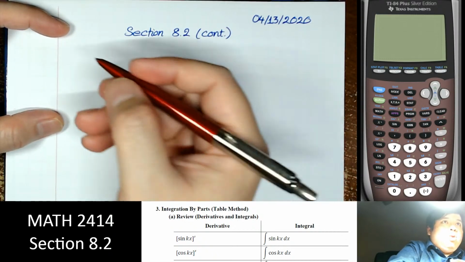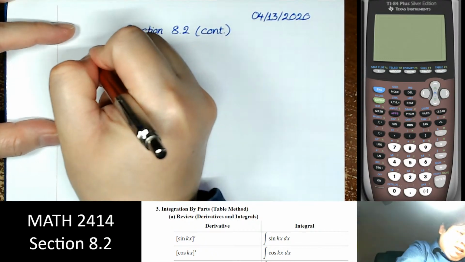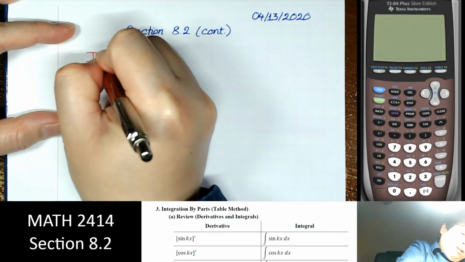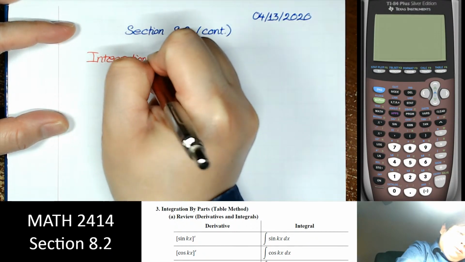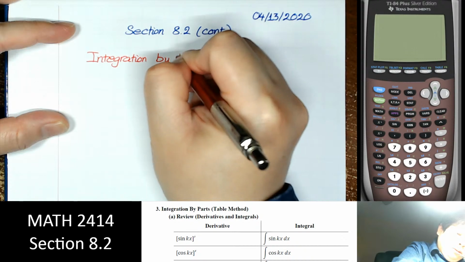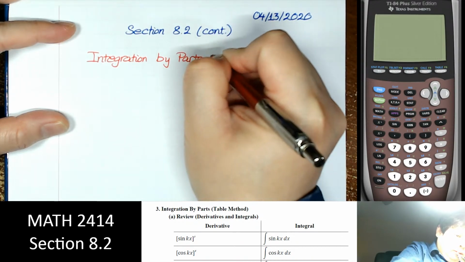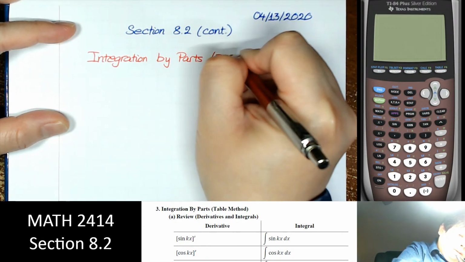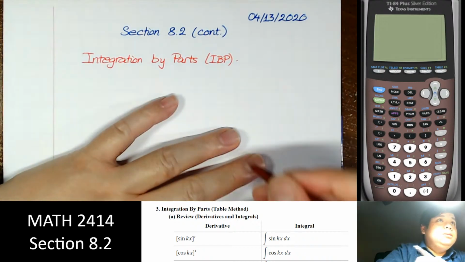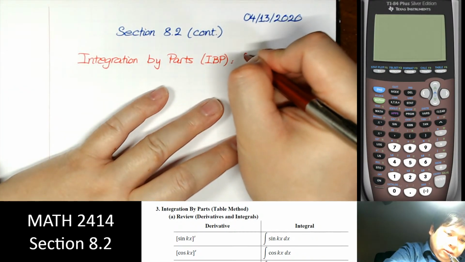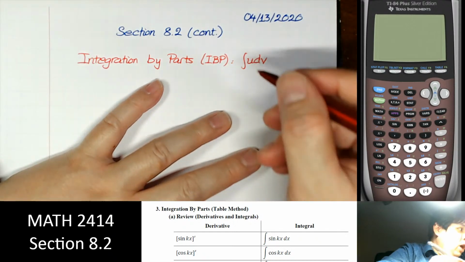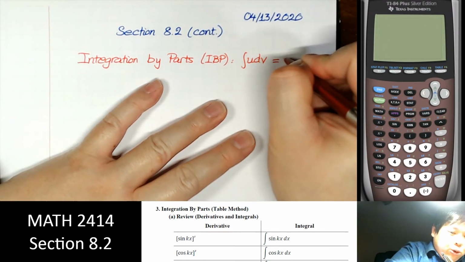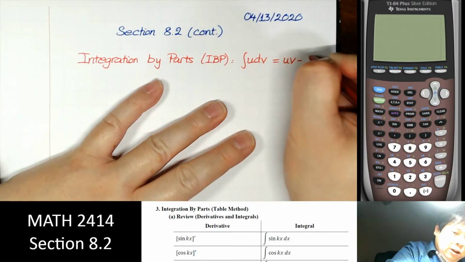So we just want to write out the formula again. Integral of u times dv is equal to uv minus integral of v times du.